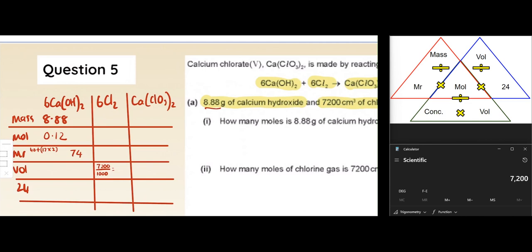That gives it to us in decimeters, which is 7.2, and we just times that by 24. No, we just divide that by 24. I apologize, because it's volume divided by 24. Thank goodness for the triangles up there. 7.2 divide by 24. That's why it's always a good opportunity to draw your triangles out when you get a mole calculation. So we've got 0.3 moles of that.